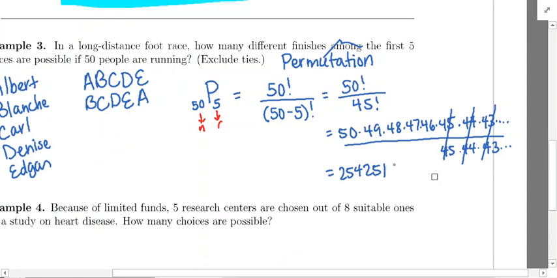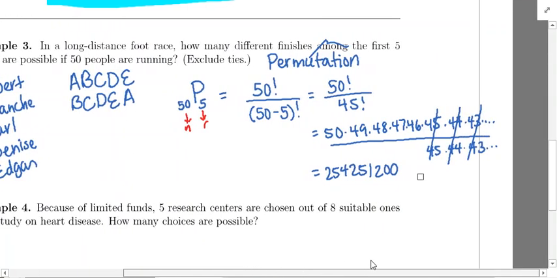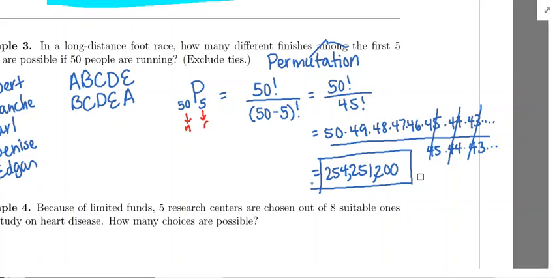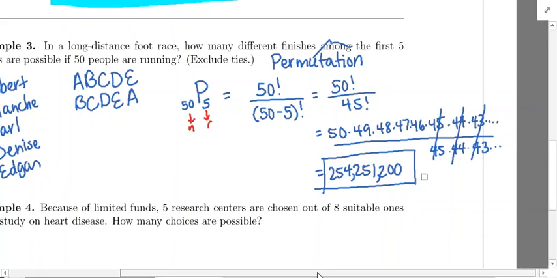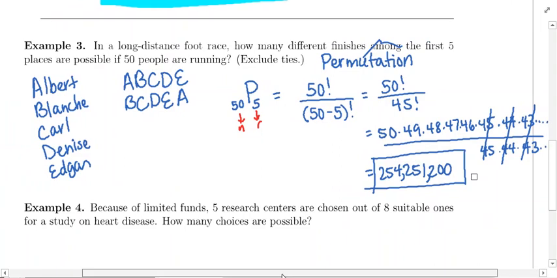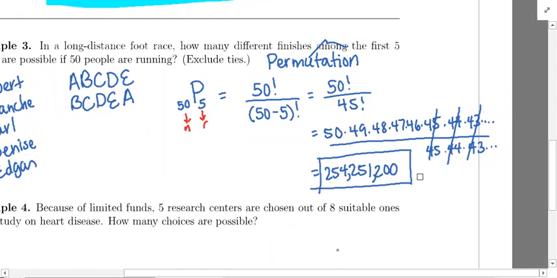This is how many different finishes among the first 5 places can be done. So here's your humongous number: 254,251,200 different finishes among the first 5 places. That is a lot.